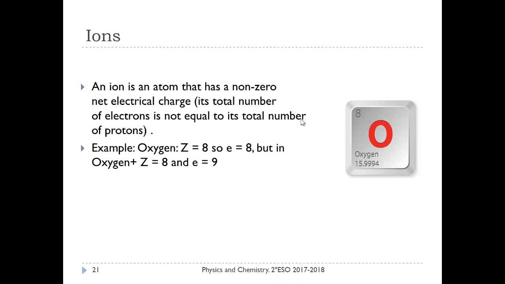So, for example, if oxygen has a plus, the number of protons would be 8, but it would have one less electron, so that would be 7 and not 9. I've confused them now, I'm sorry.